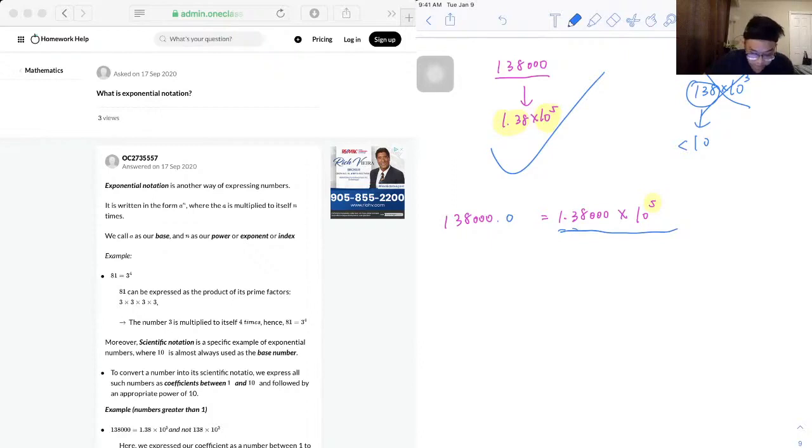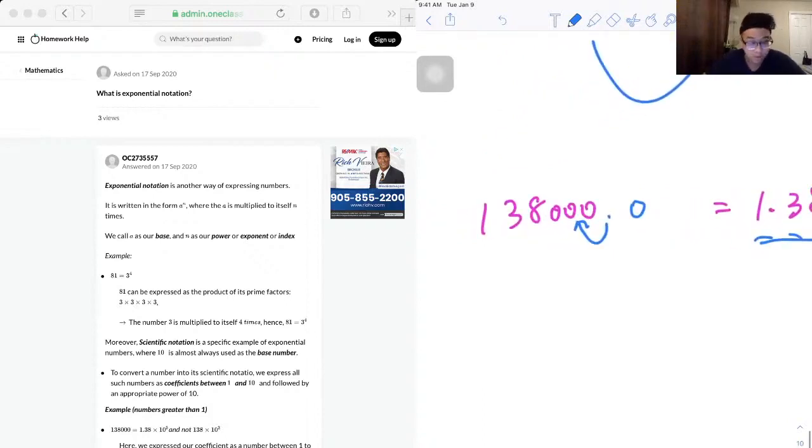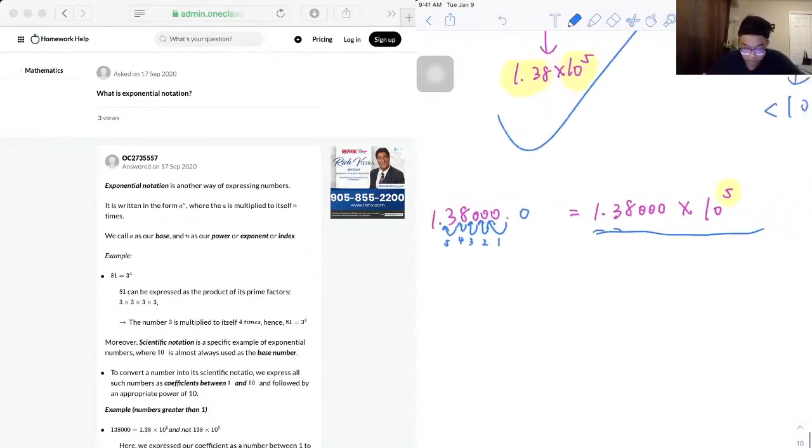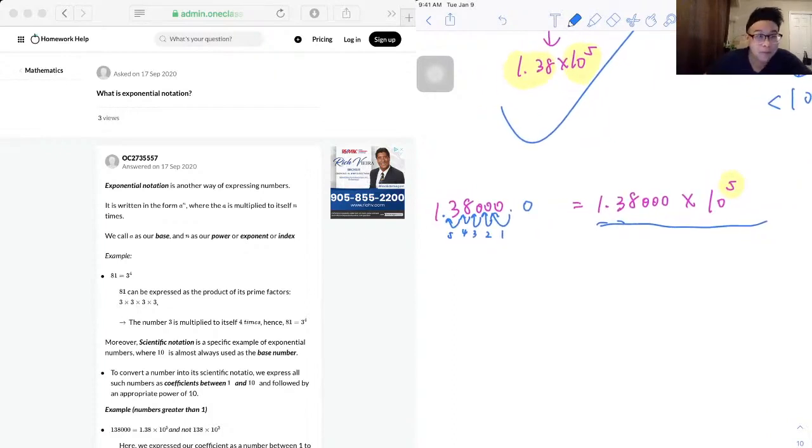And now we need to move the decimal 5 times in order to get 1.38. So that's 1, 2, 3, 4, and 5. So the decimal point will move to here, and that's exactly what we want, 1.38. So therefore, the exponent should be 5.